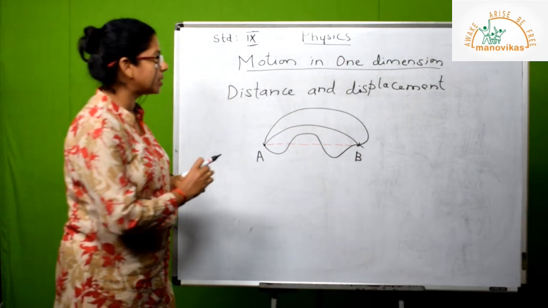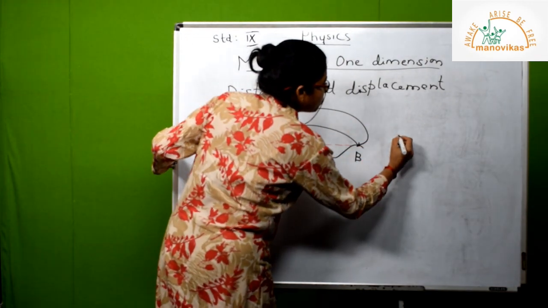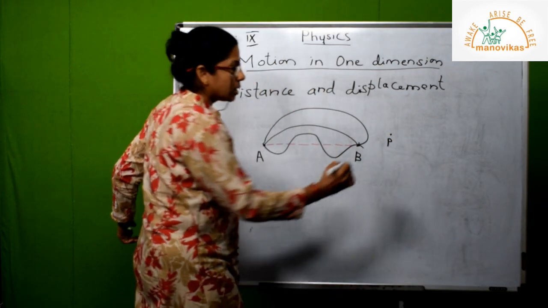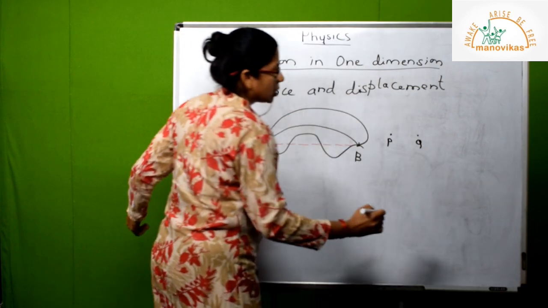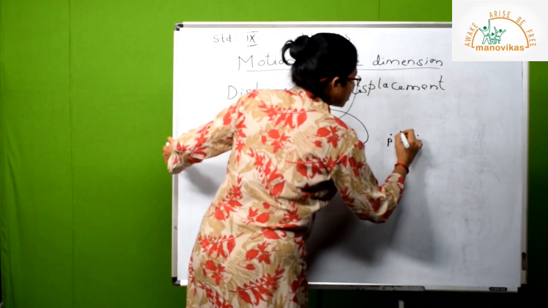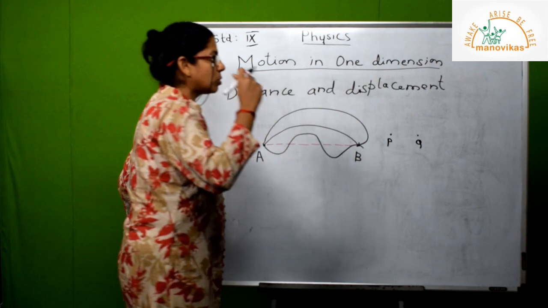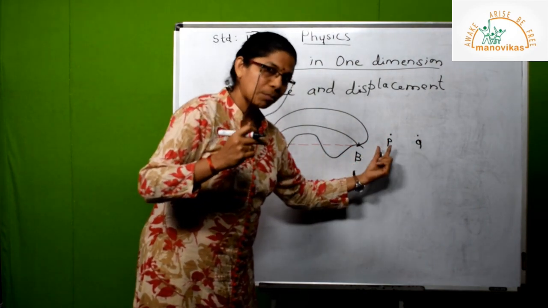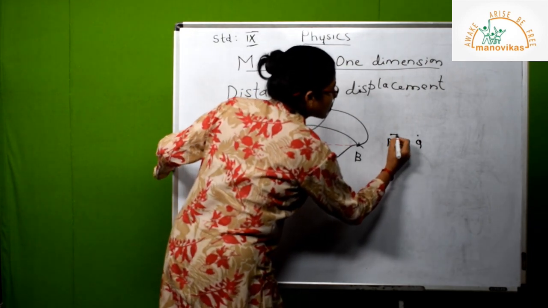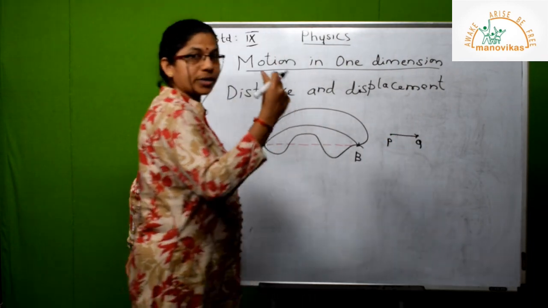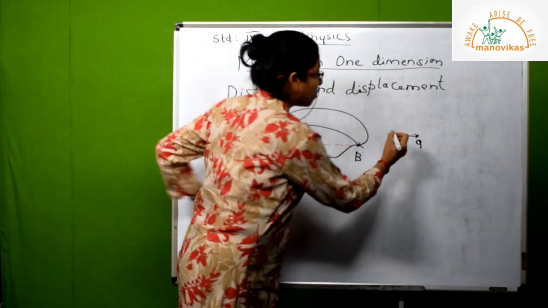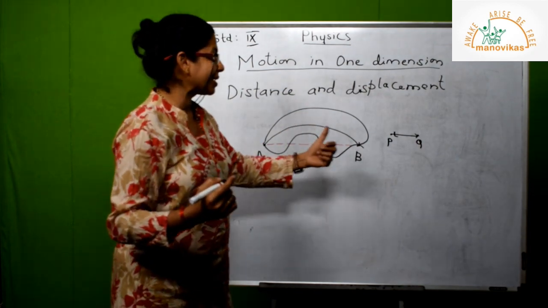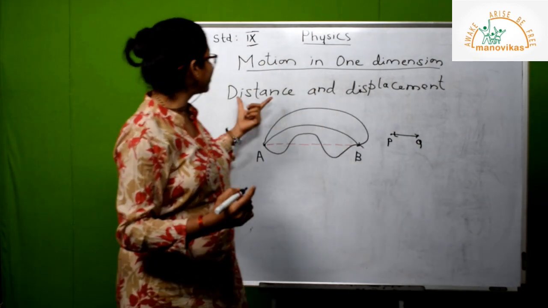I'll give you an example. Suppose you have point P, you have point Q. You have to start from point P, go to point Q and then come back to its original position, that is point P. Now in this case, what is the displacement and what is the distance?